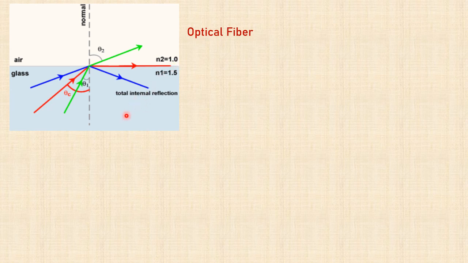So this is the optically denser medium and this is the rarer medium. Always when light passes from denser medium to rarer medium, take this green ray, it bends away from the normal.